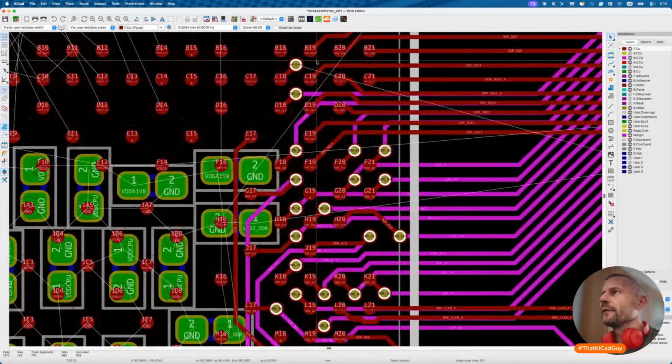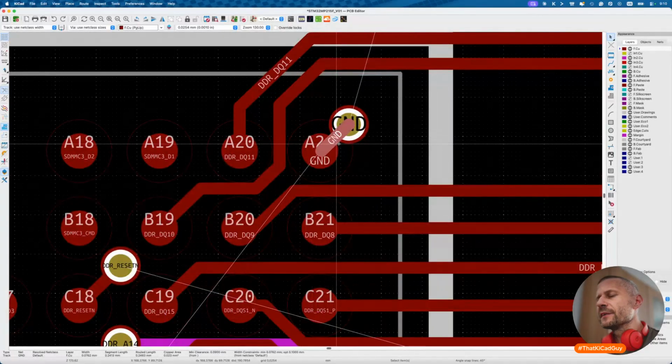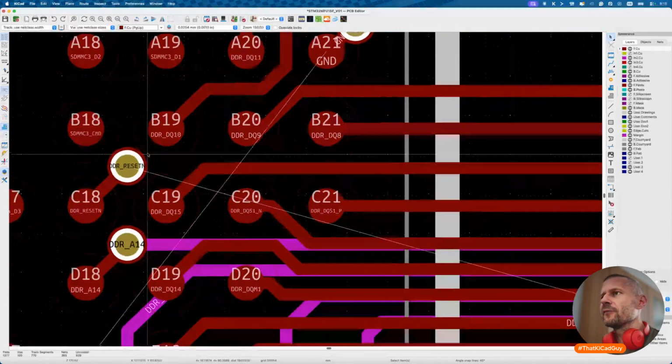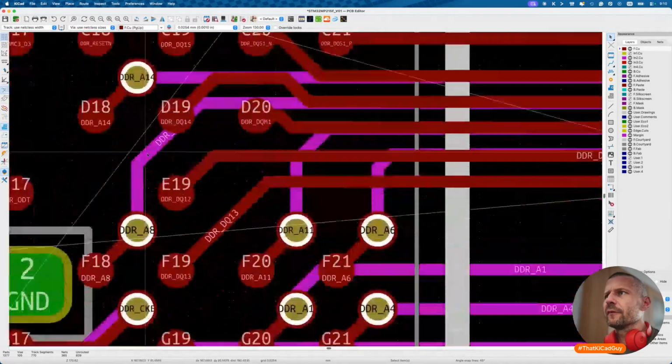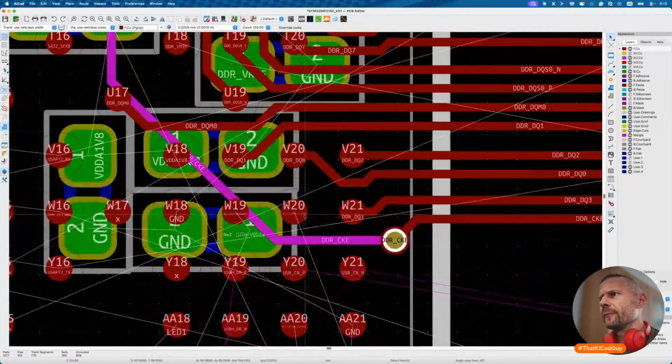What's my track width for the grounds? Maybe the same as for the others. 762, which is the default track width for the fan out.